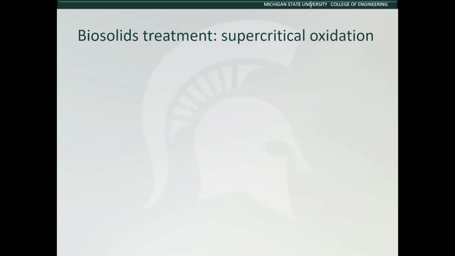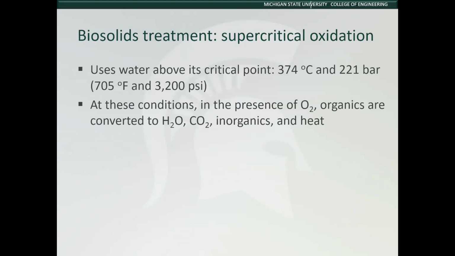Supercritical oxidation is an advanced oxidation method that uses water above its critical point, that is 374 degrees C and 221 bar. At these conditions, in the presence of oxygen, that oxygen reacts with the organics, converting them to water, CO2, inorganics, and heat.